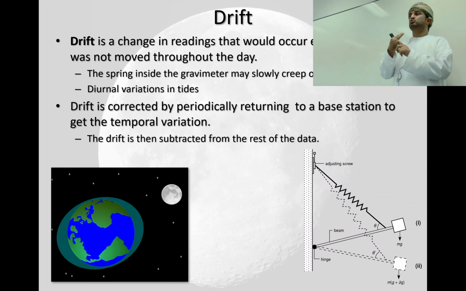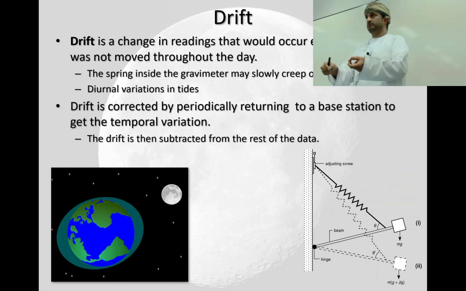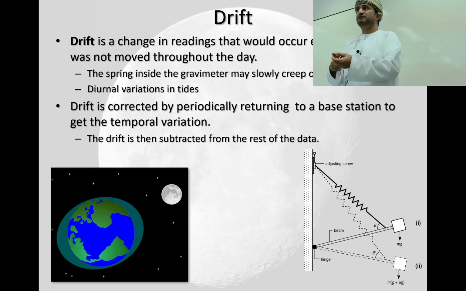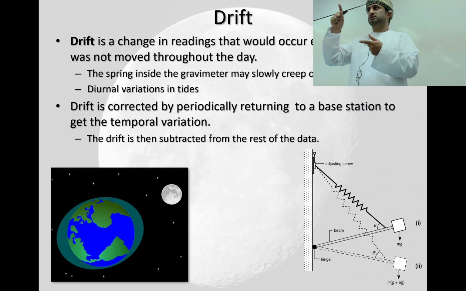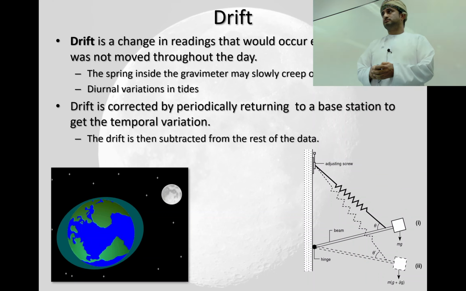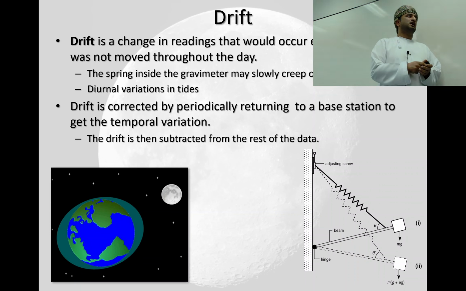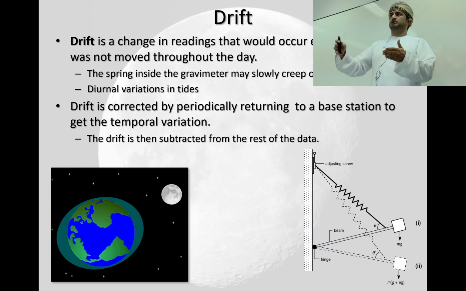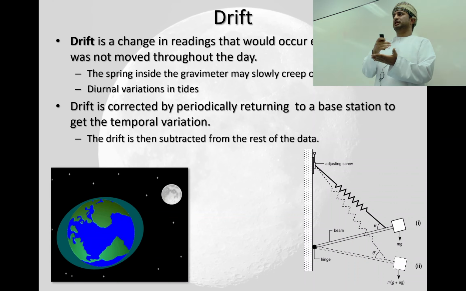I need to record two things. First, the reading itself, and the other parameter is time. I need to record the time as well, at what time I recorded the data. Those two parameters are essential. So we will subtract the first reading from the second.